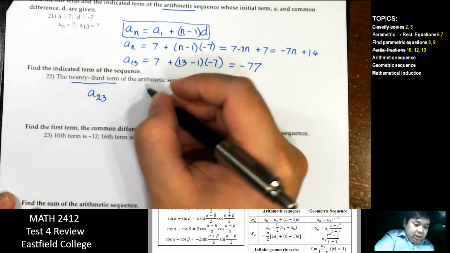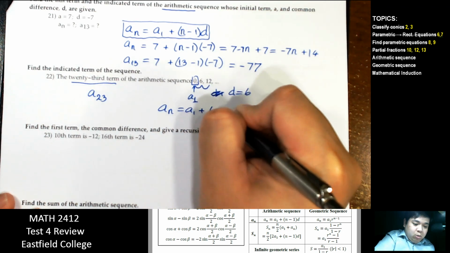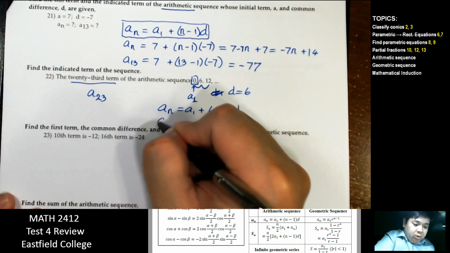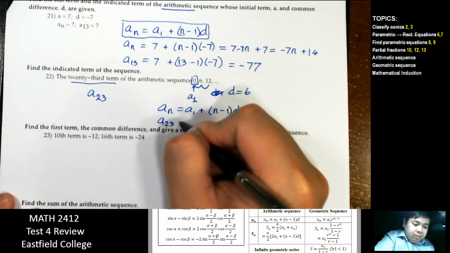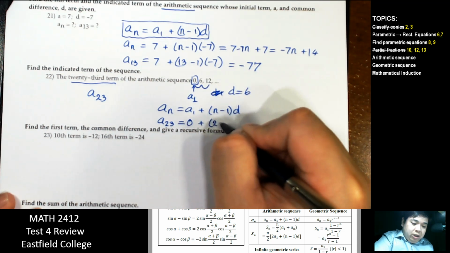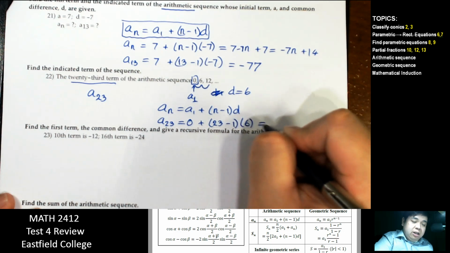So an equals a1 plus n minus 1 times d, and we want the 23rd term. The first is 0, 23 minus 1, and the difference is 6, and we have that.